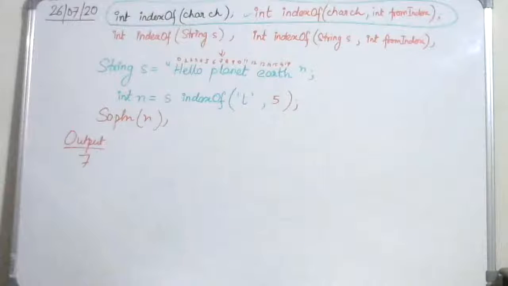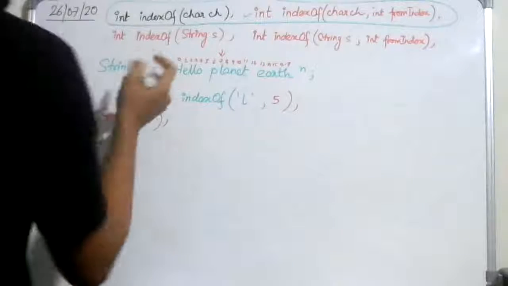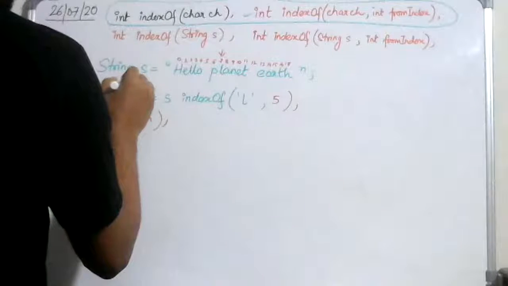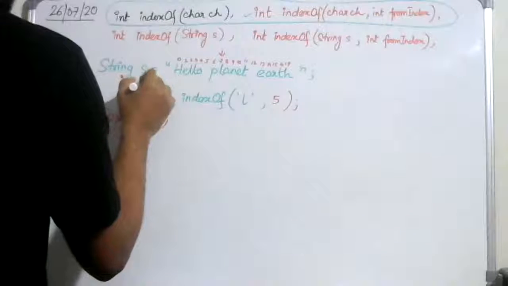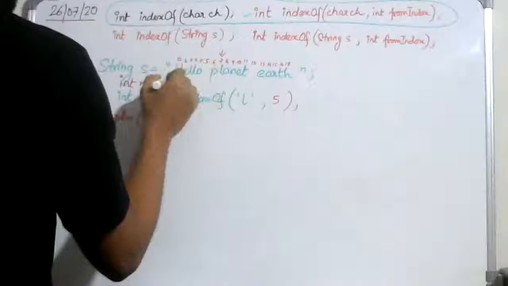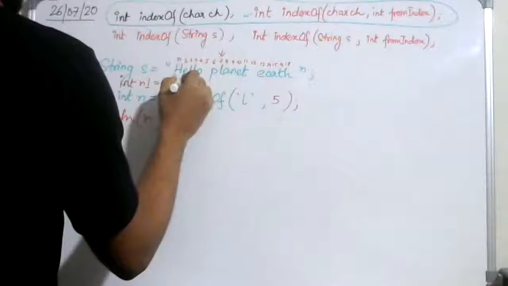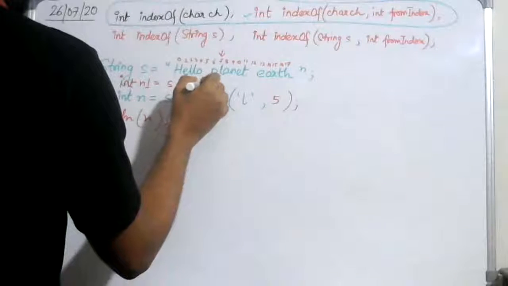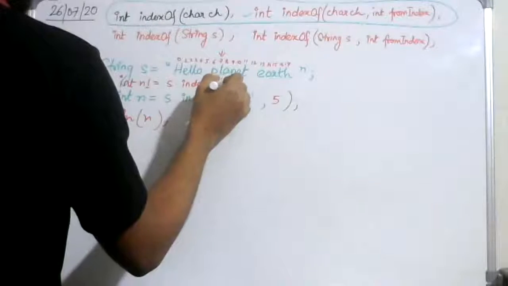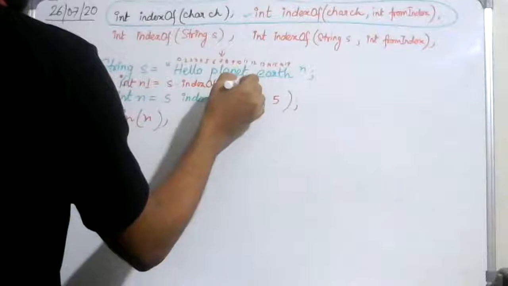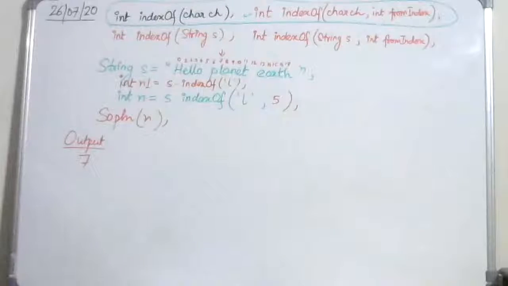So notice the difference between the two functions. Let's say I have one more integer variable, int n1. For the sake of understanding, I'm calling it again with the default version, not specifying a starting point.